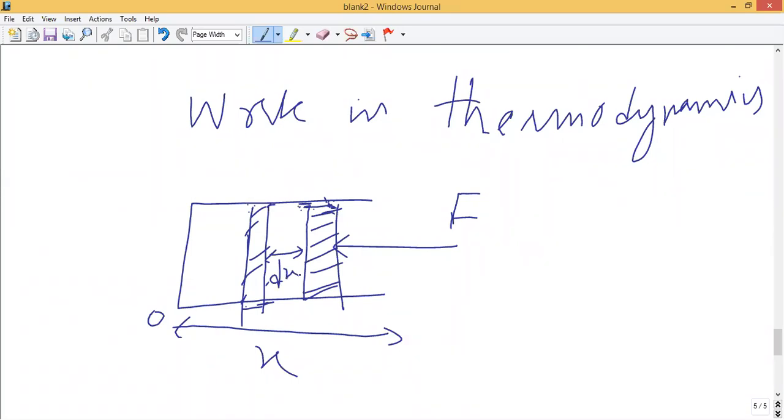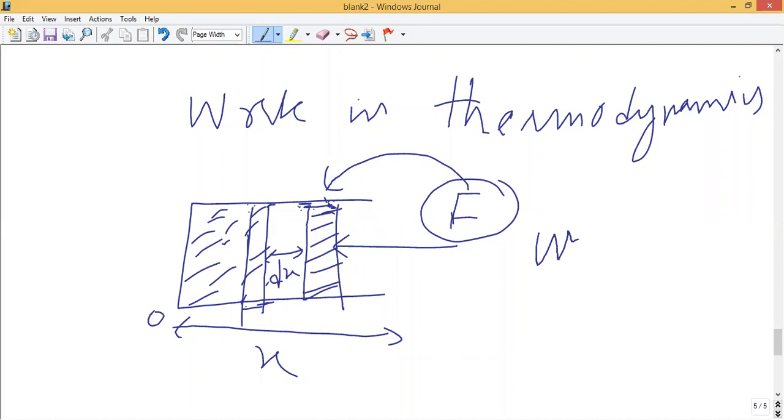So the work done by the piston on the gas, because it contains an ideal gas, where you apply force on this piston, the piston does work on the gas, as you are applying force and the piston is pushing.